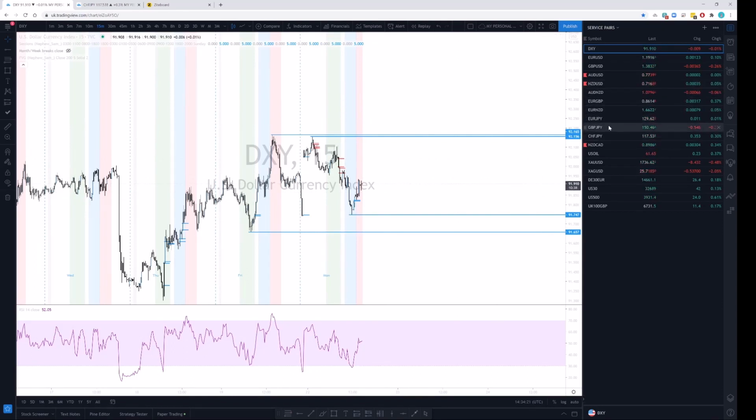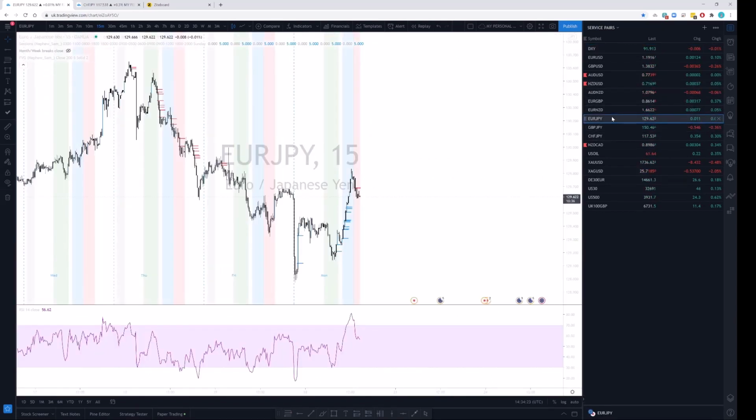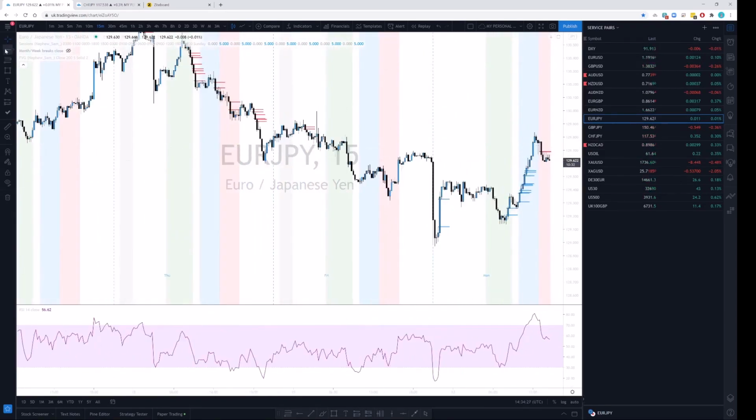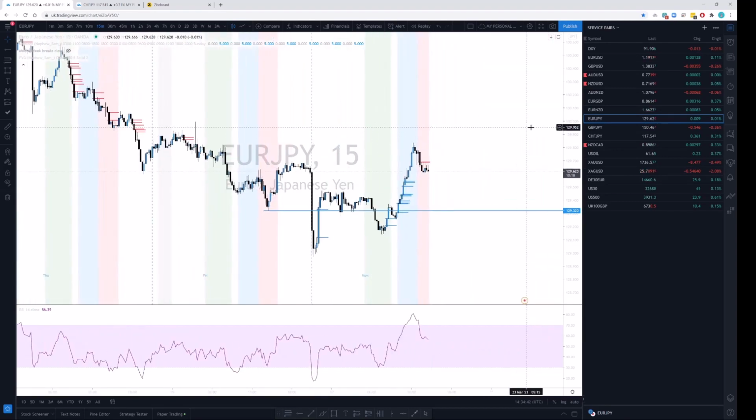This morning again, Euro Yen did the same thing. It did run Friday's low here and then rejected, pulled back, rallied. Okay. What other pair?